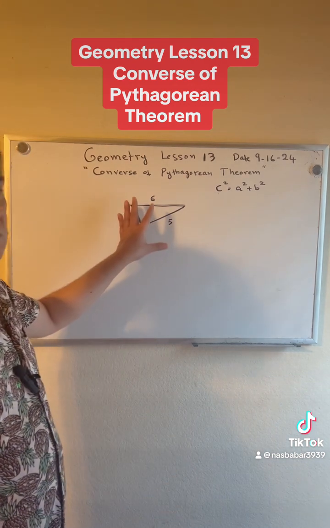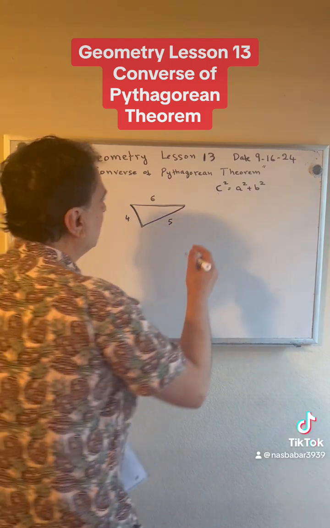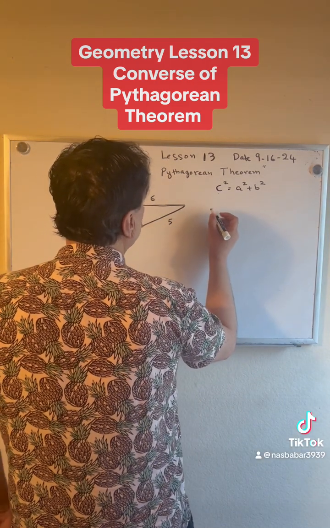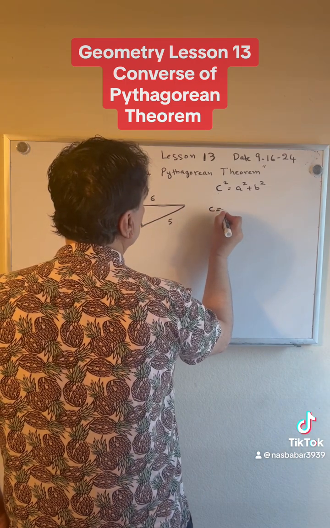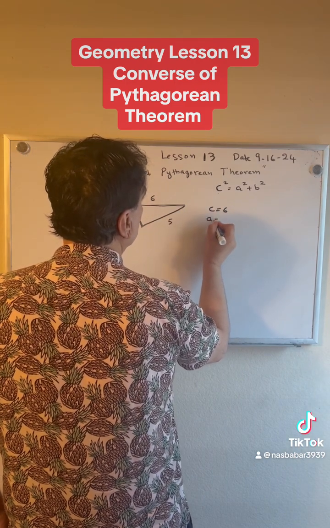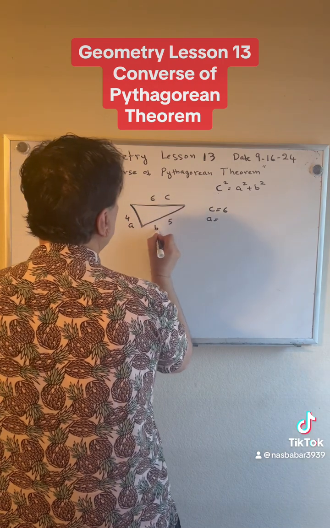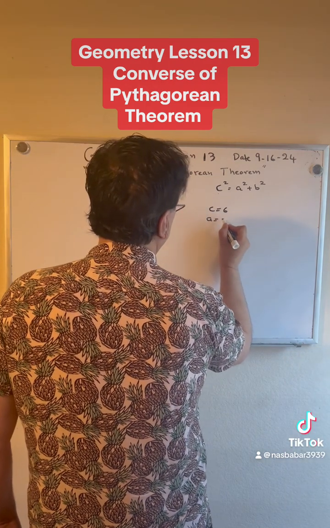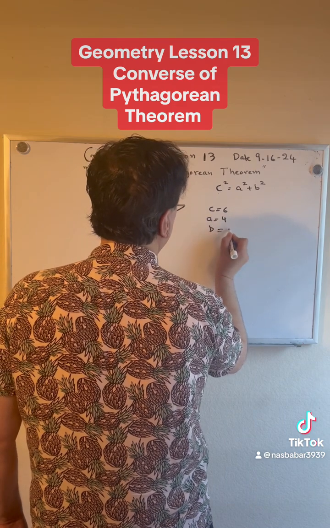We don't know if this triangle is a right angle triangle, but we're going to find out. Since the longest side in a right angle triangle is the hypotenuse, I'm going to assume C is equal to 6. I'm just going to label C, A, B. So A is equal to 4, B is equal to 5.